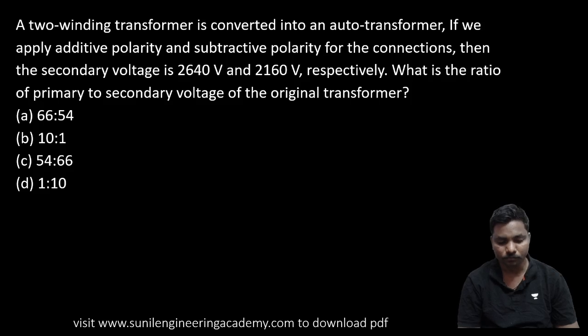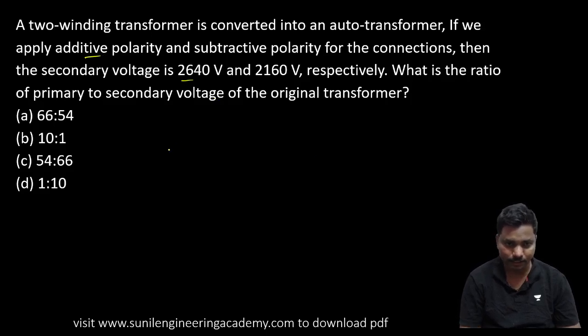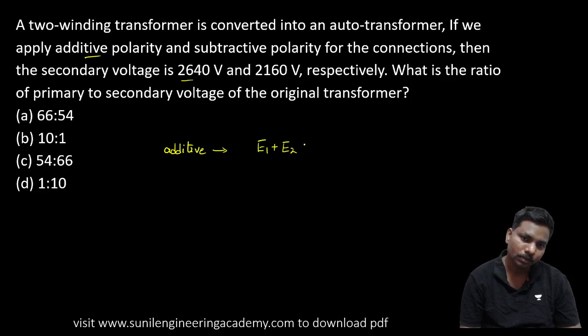Here they have given the additive polarity case, the voltage is 2640. Let us take for additive polarity, that is E1 plus E2 is equal to 2640. In case of subtractive polarity, that is E1 minus E2 is equal to 2160.